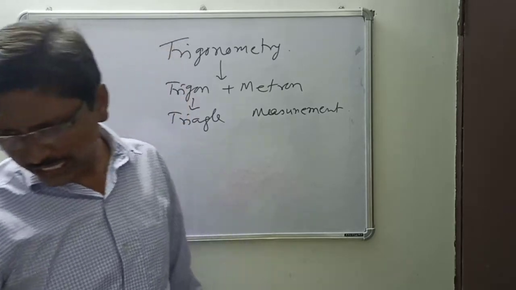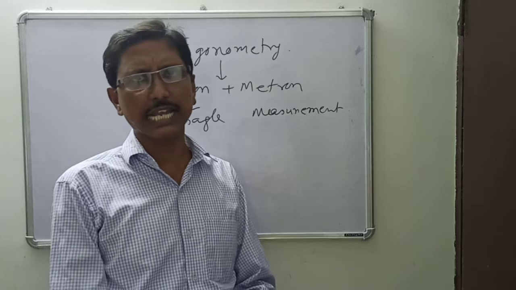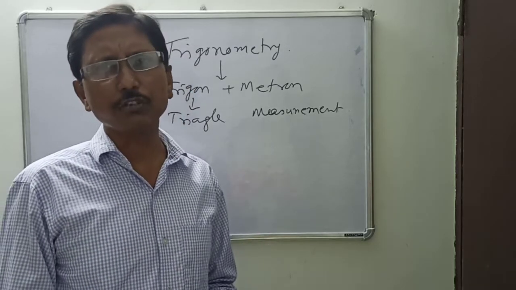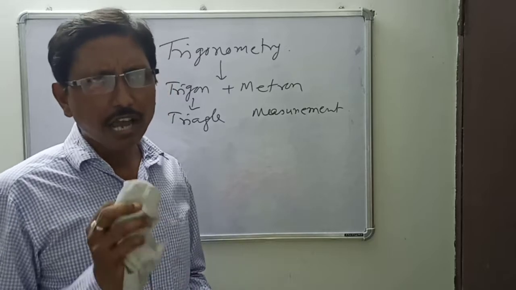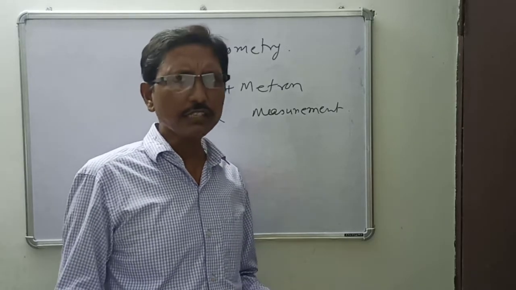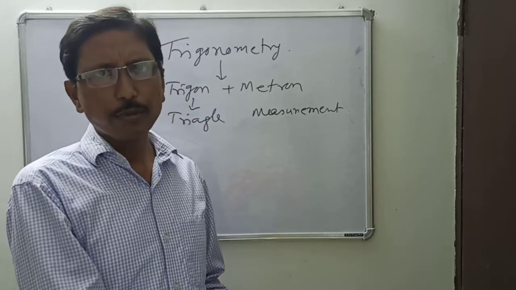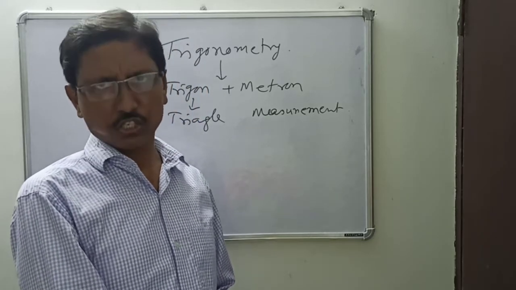Here we will get the relation between the sides and angles. For senior classes you will get all the types of triangles, but here we will mainly use the right triangle because its sides are fixed.